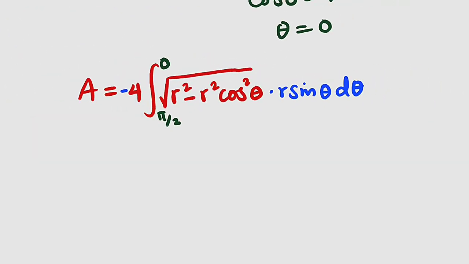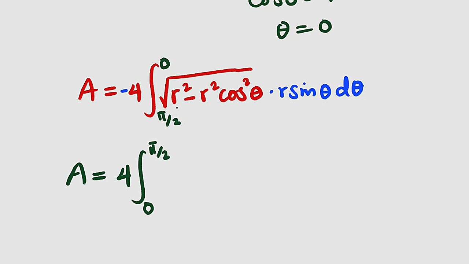All right. And another thing you should know is that if you want to remove this negative sign, it is as simple as flipping upside down the boundaries. So you can just switch them. The area of the circle is now equal to positive 4 multiplied by the integral from 0 to pi divided by 2. We just remove the negative sign.